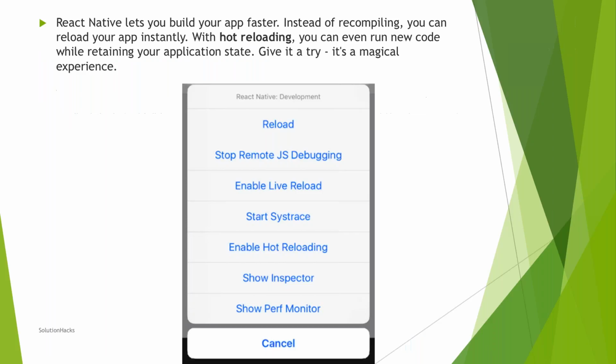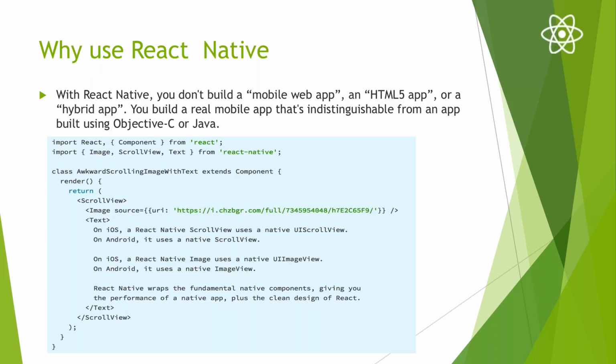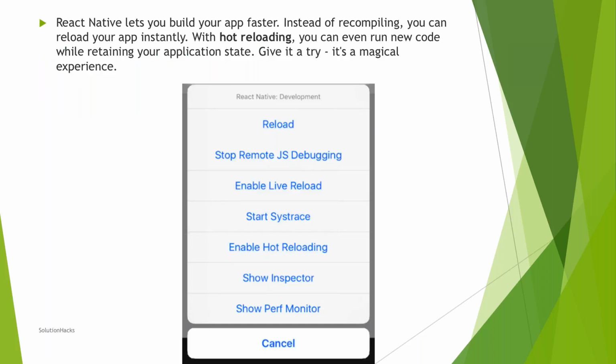It's very fast. If I write an application in React Native and give it to you, you will not be able to tell if it is written in native code or React Native, because it will give you the same experience.